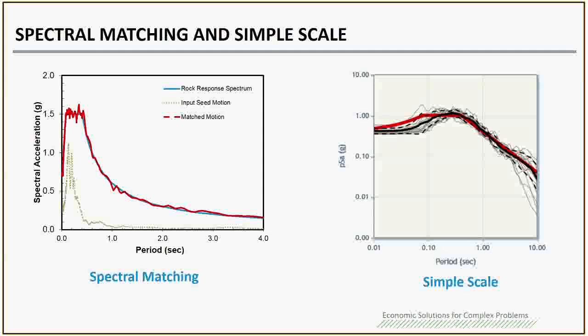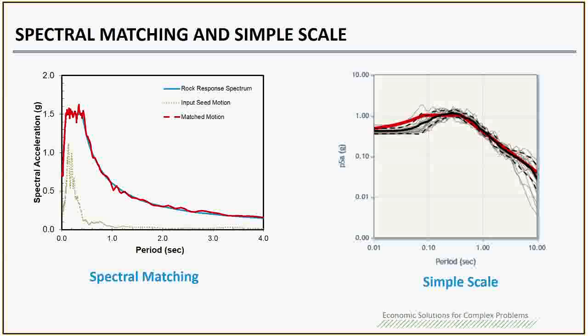As shown on this figure at the right-hand side, the green dashed line is the response spectrum from the input motion, and the blue is the target. The reason is that the rock response spectrum is a uniform hazard spectrum, but the input motions are not uniform hazard spectra. They are just from a single earthquake.